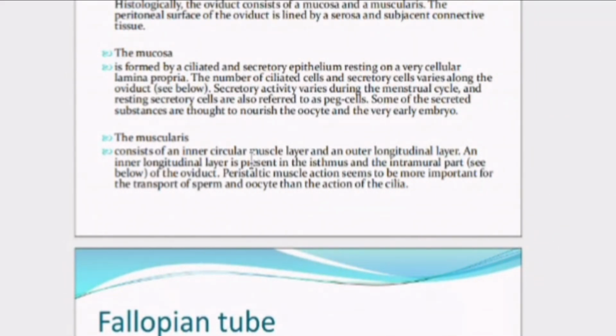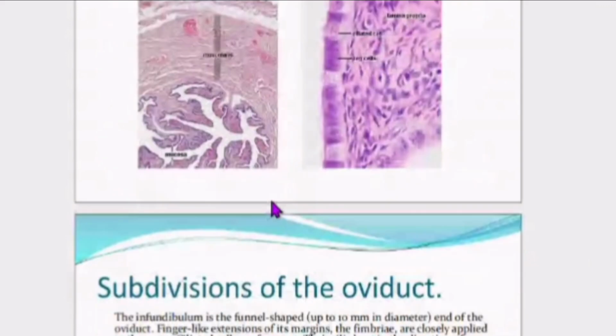They are more numerous in the region of the ampulla and absent in the region of the intramural part of the oviduct. And then the muscularis of the oviduct has an inner circular layer and an outer longitudinal layer.